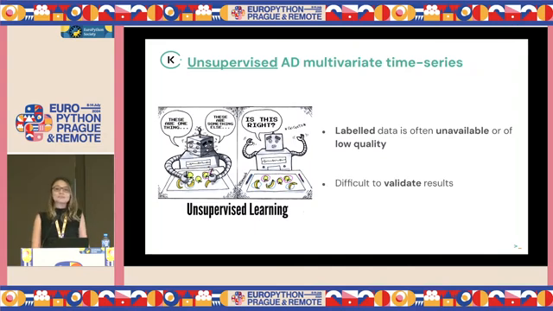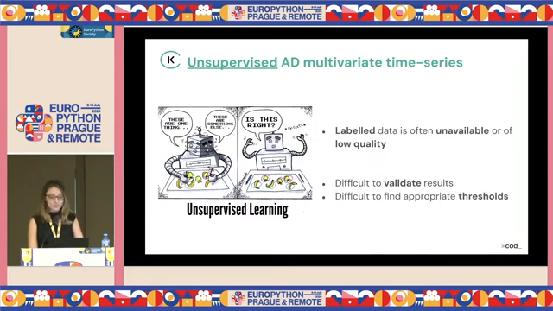However, in the absence of ground truth data, it can be difficult to validate the results and also to find the appropriate threshold that would discriminate from anomalous data and normal data. More on how to address these challenges in a minute.